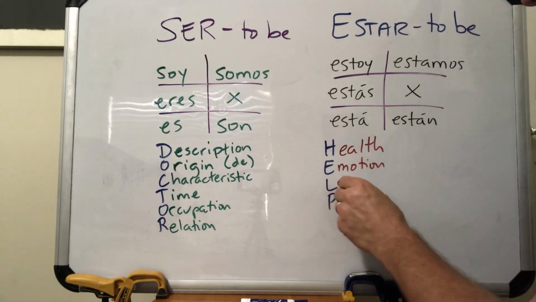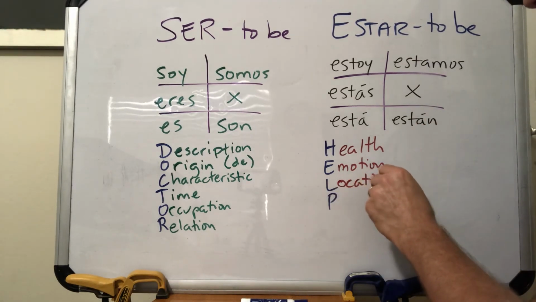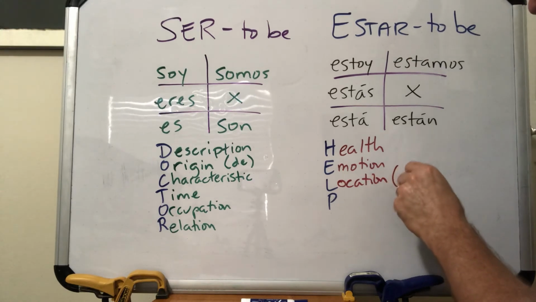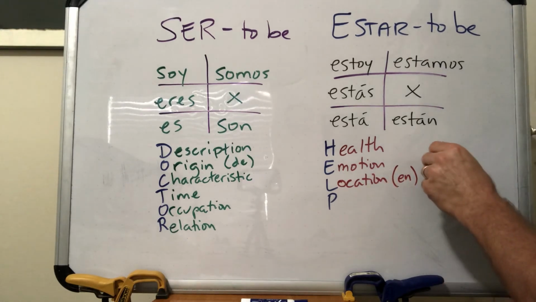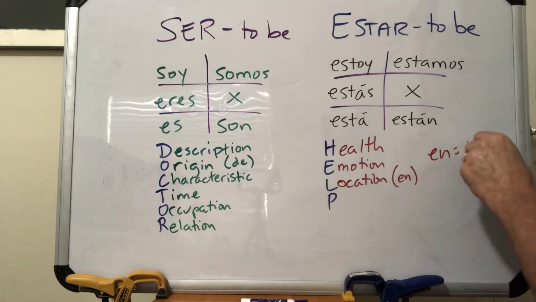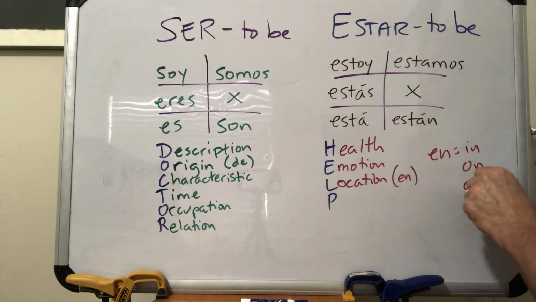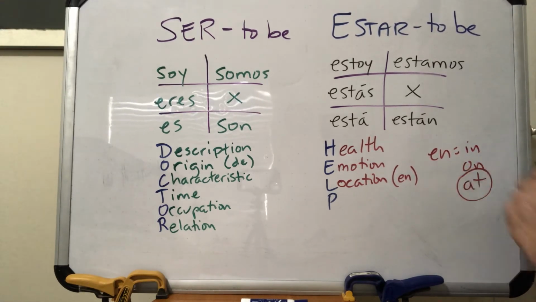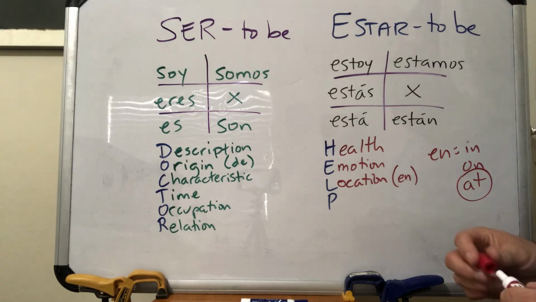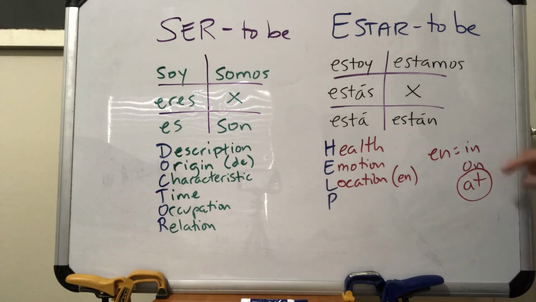Also when you're describing a location, I'm going to put the word en in parentheses. Remember, en can be in, on, or at. A lot of times we forget it can mean at. And so like, oh, I'm at school, I'm in the car, I'm on the building, I don't know. But anyway, these are all words to indicate that we're talking about somebody's location, okay?